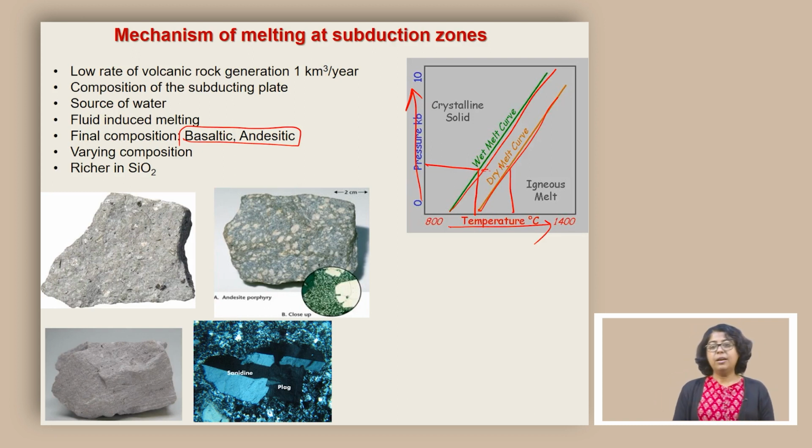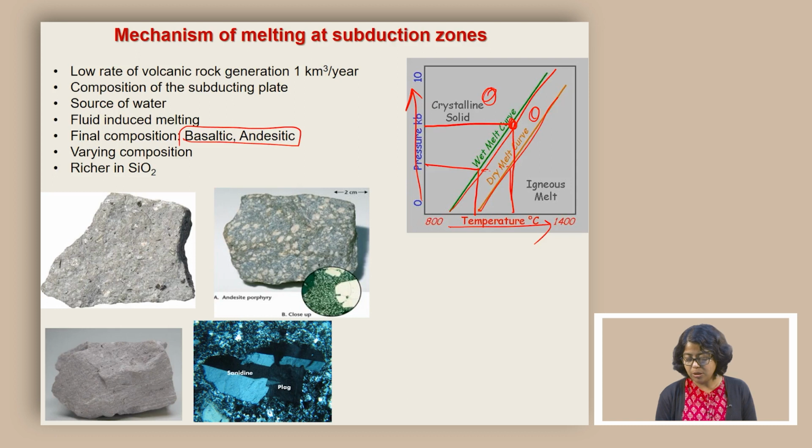So, given a specific pressure point at any point of time, you can predict that if the rock has a hydrous mineral or you are adding water because of the pore fluids, it will go from crystalline solid to a melt phase at much lower temperature than if you had to do it for a completely dry rock, which will require a much higher temperature.